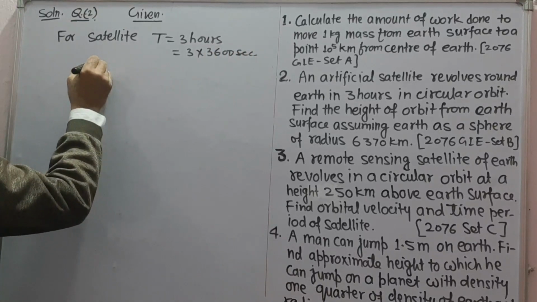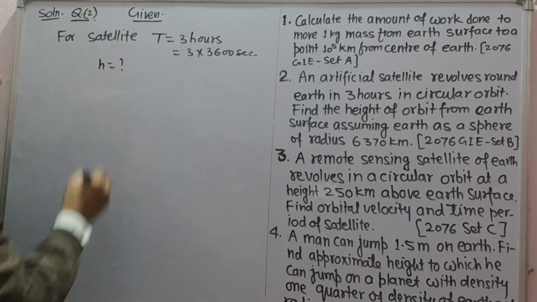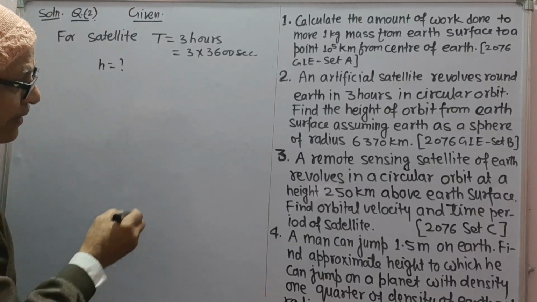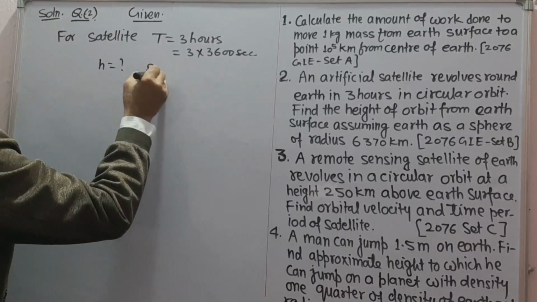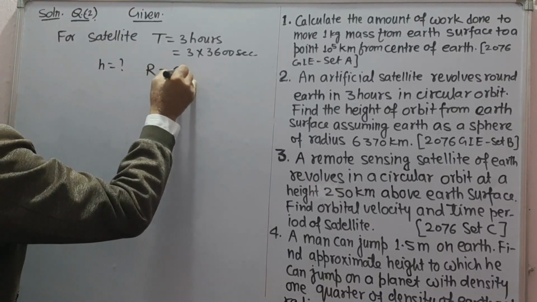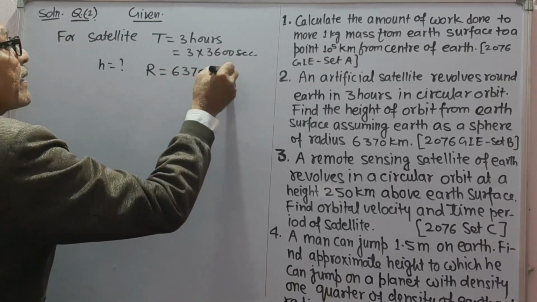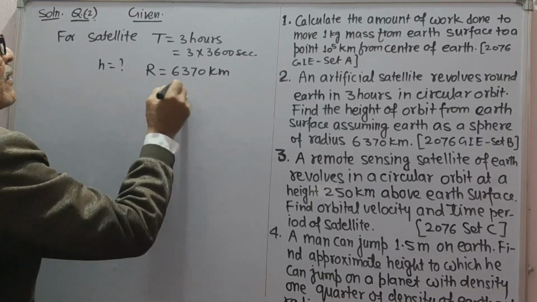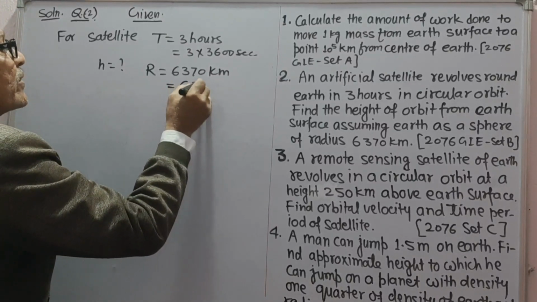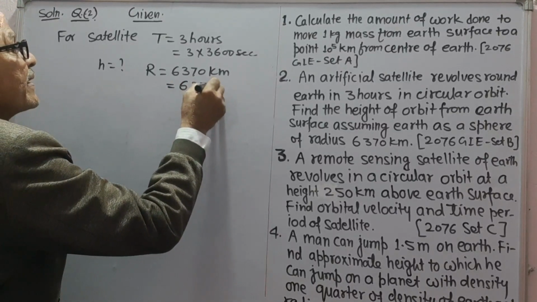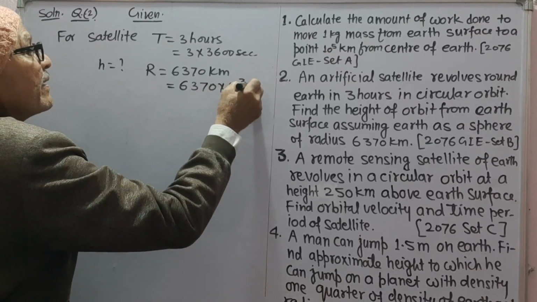We have to find the height of satellite from Earth's surface. Radius of Earth is given to be 6,370 kilometer, which can be written as 6,370 into 10 to power 3 meter.